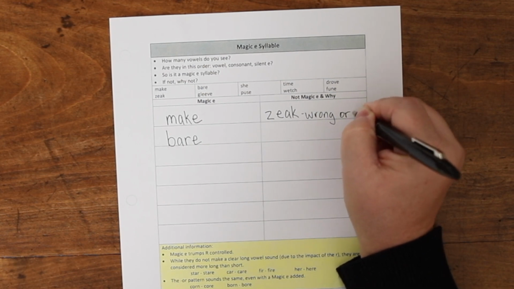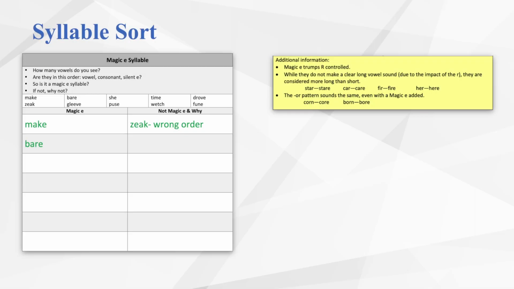I want to acknowledge that words including R in the vowel consonant E patterns can be challenging for both students and teachers. Let's look at the box highlighted in yellow. First, magic E trumps R controlled. Yes, I realize we've not yet discussed this R controlled pattern. My apologies, but we will soon.